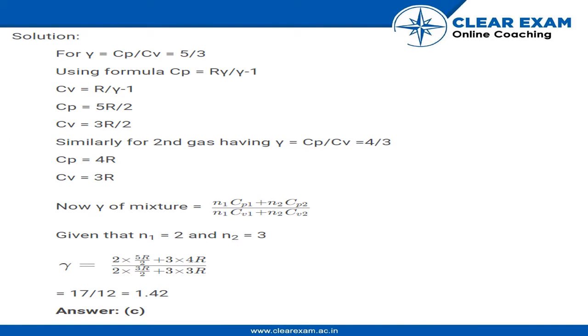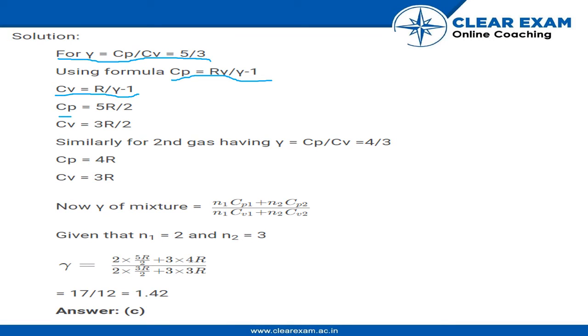So for the first gas, Cp by Cv is equal to 5 by 3. Now, using the formula Cp equal to Ry upon y minus 1, and Cv equals R upon y minus 1, using the same formula we will simply get the values.